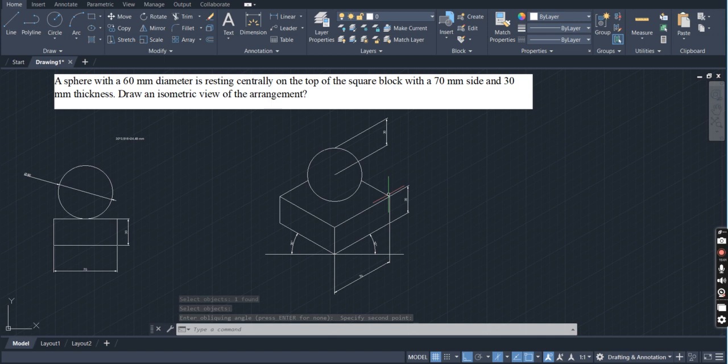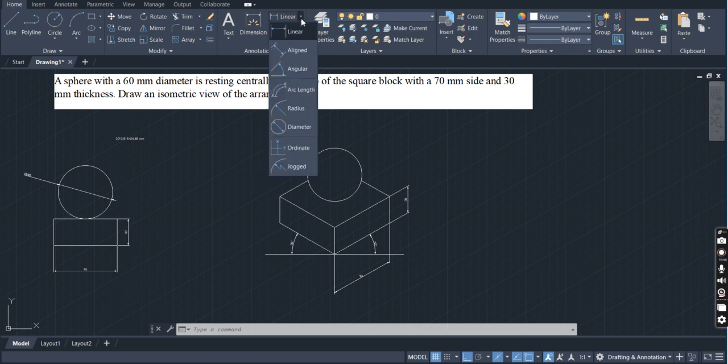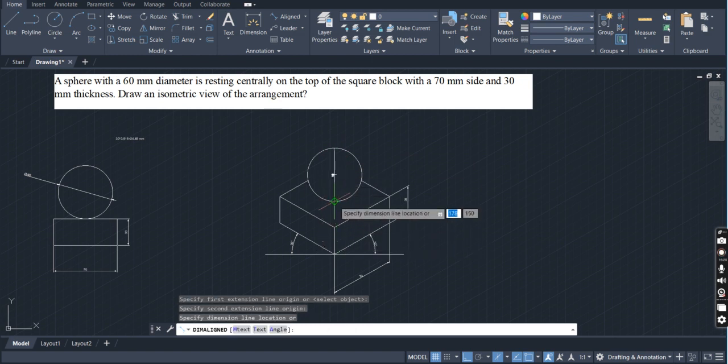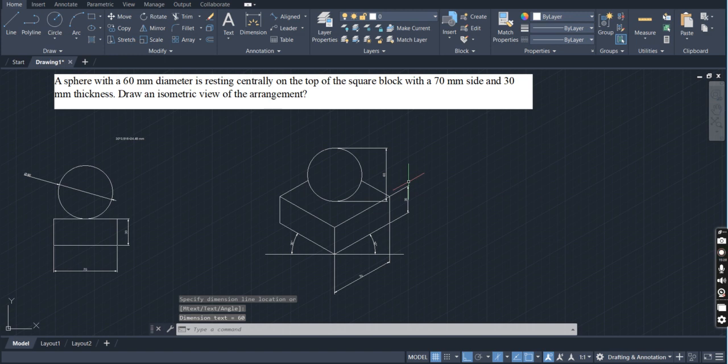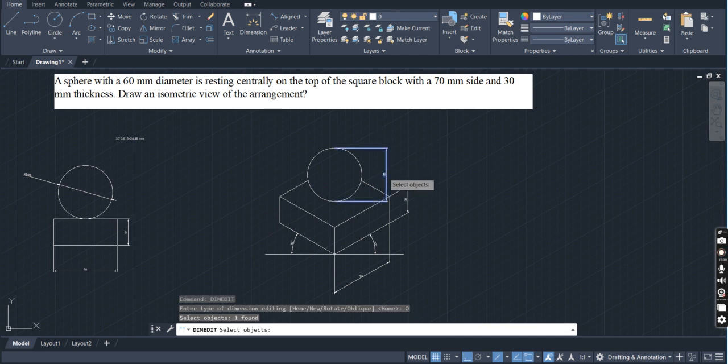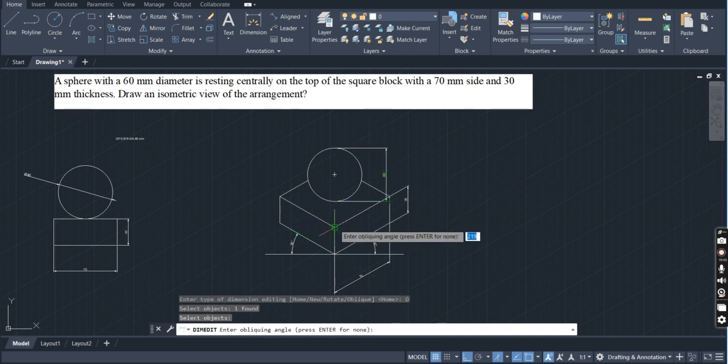Take a diameter, here to here. Now dimension edit, enter, oblique, enter, select this object, enter, angle.